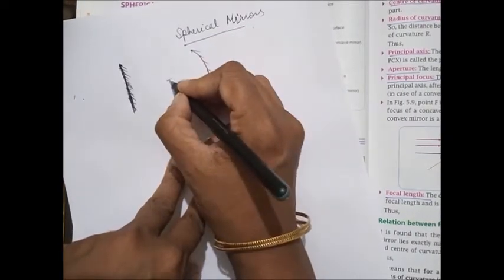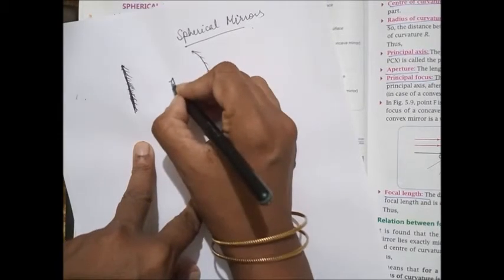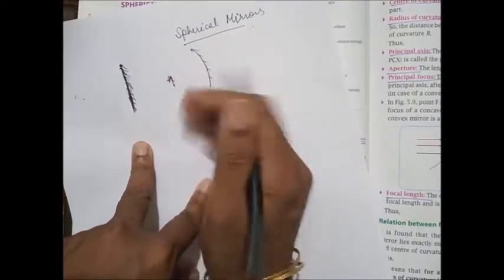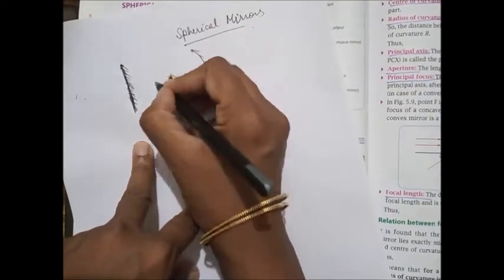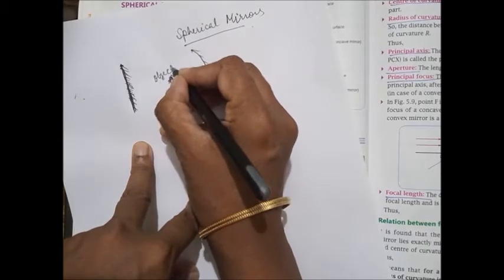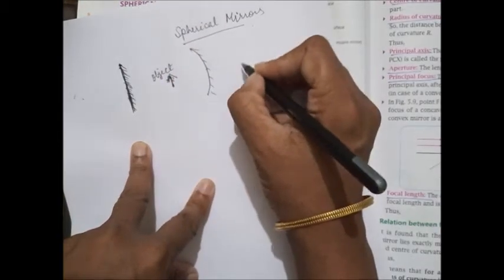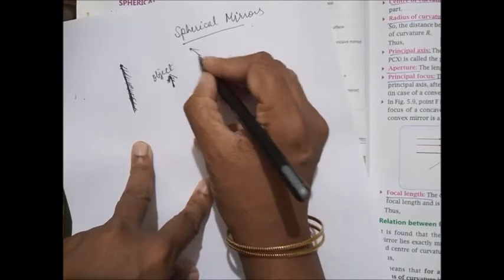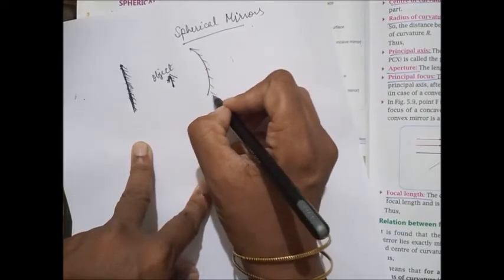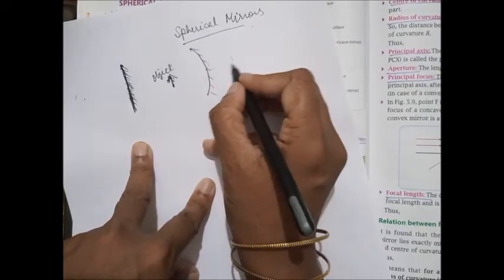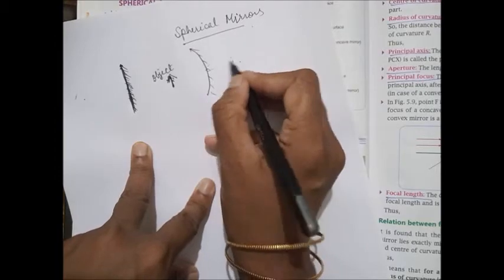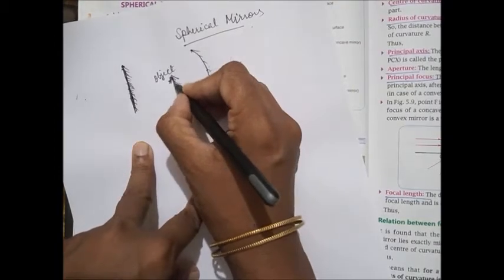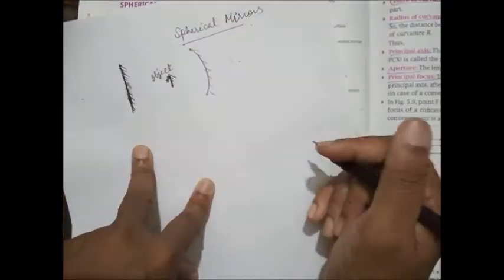For a concave mirror, the object should always be on this side, in front of the reflecting side only. Always remember that. If you keep an object in front of the painted surface, it is not going to reflect, because it's only this surface that will reflect. So the object has to always be kept in front of that.